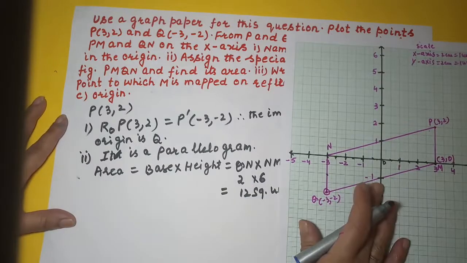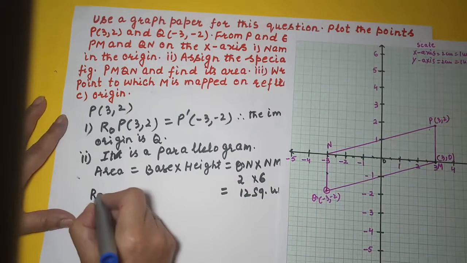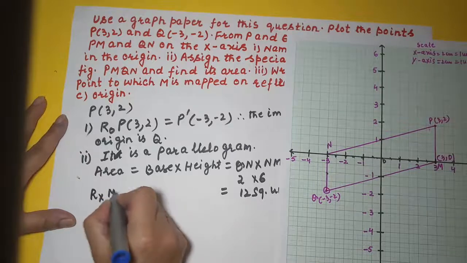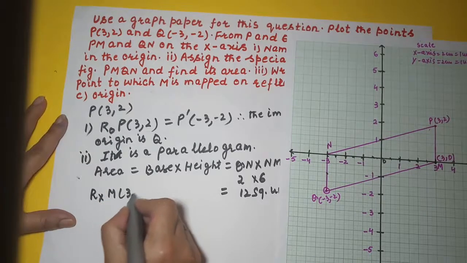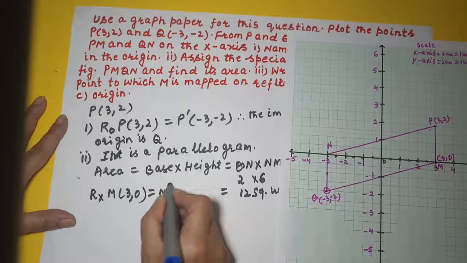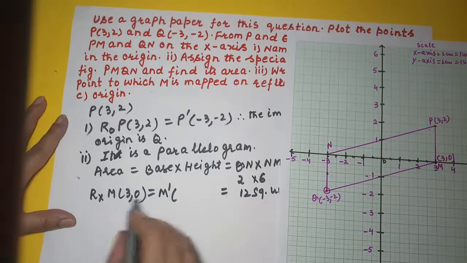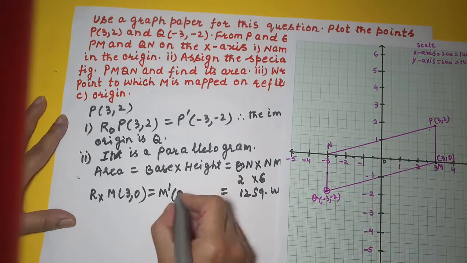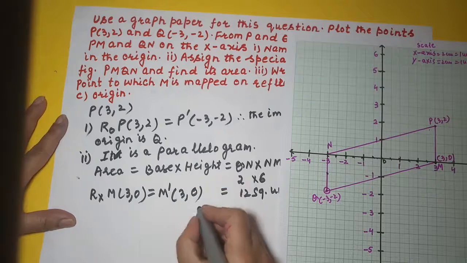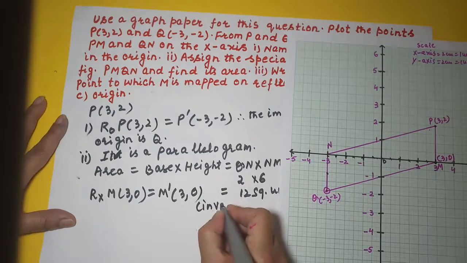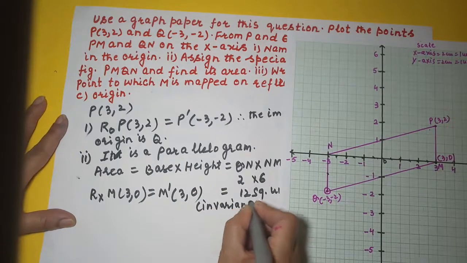So let me first find the reflection of M through x-axis, which is (3, 0). That is M dash. What will happen? In reflection Y will change. So this will be (3, 0).